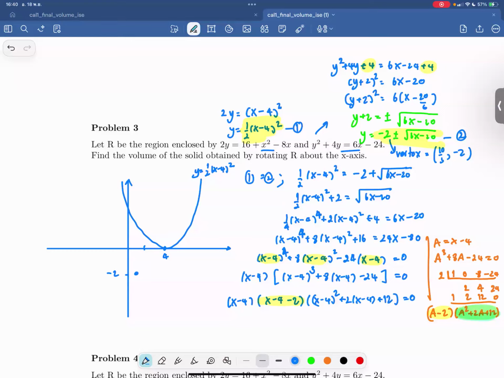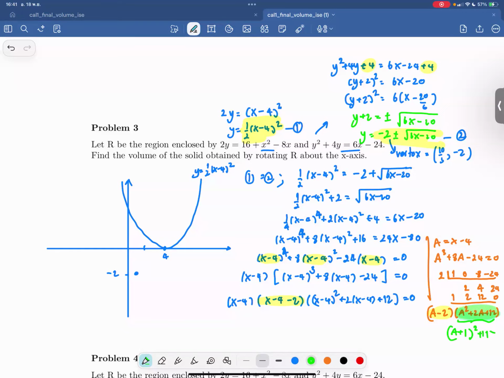So by using the discriminant or completing the square or whatever, you may see that this term cannot be 0 because it can be rewritten as a plus 1 square and then plus 11.